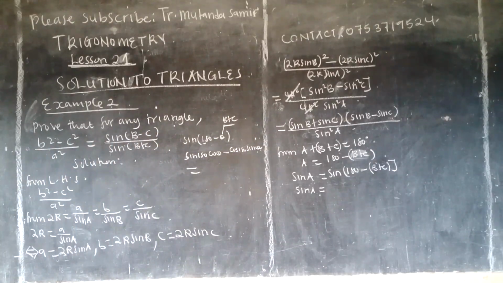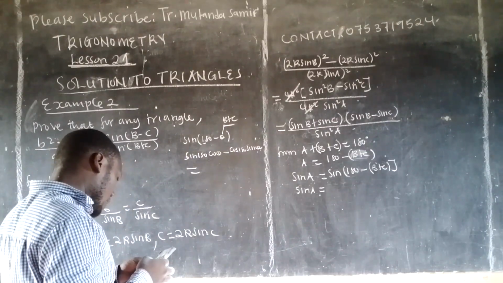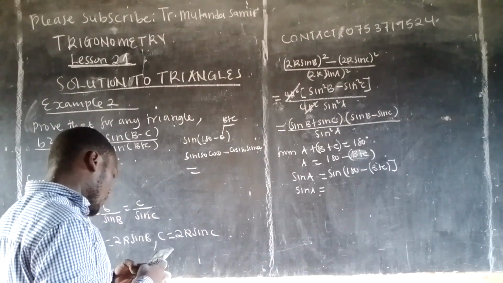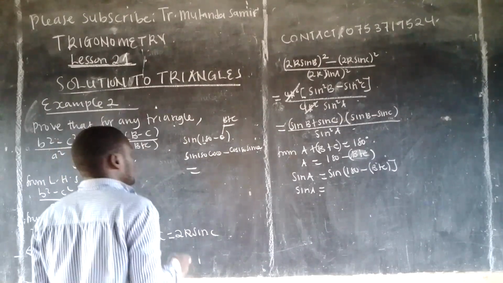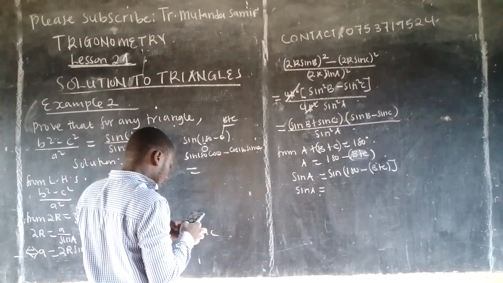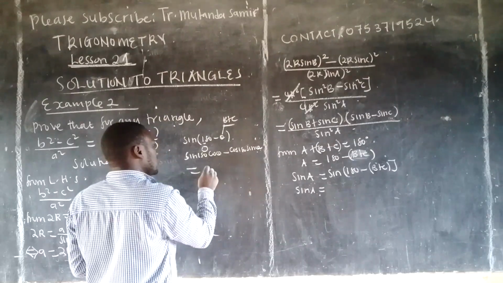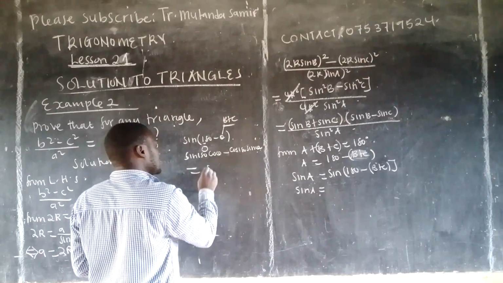I want us to save time a little bit with this. So sine 180, what do you get? It is 0, so this one becomes 0. Then cos 180, it is minus 1, so minus 1 with this will just be sine theta.